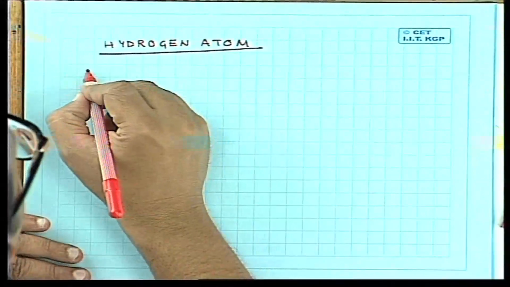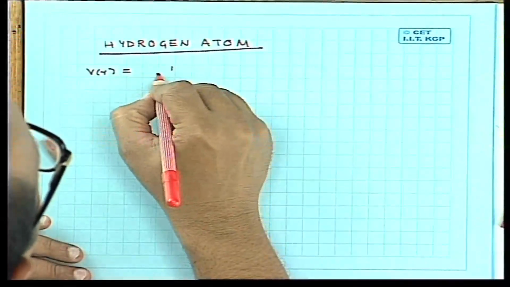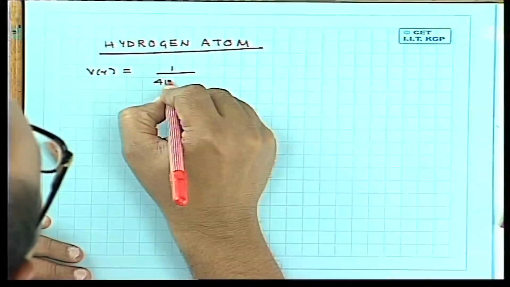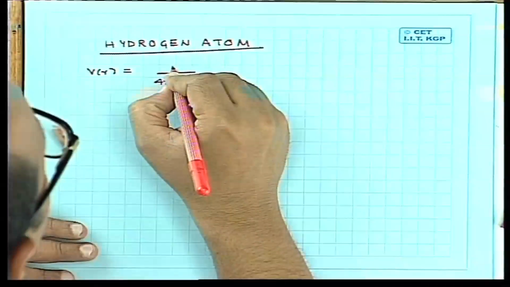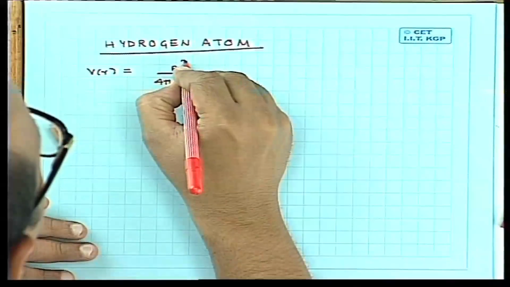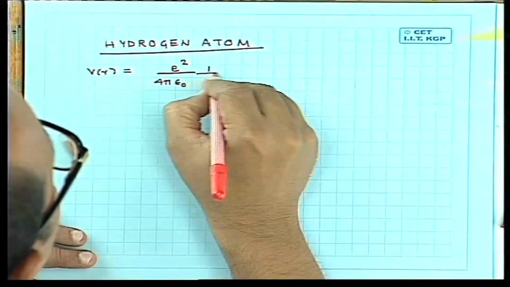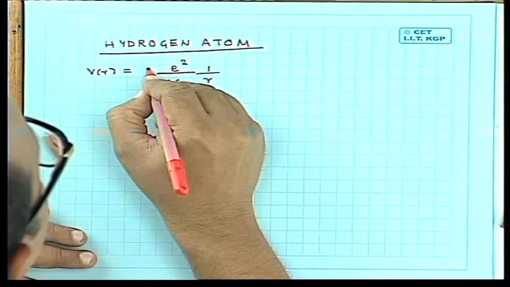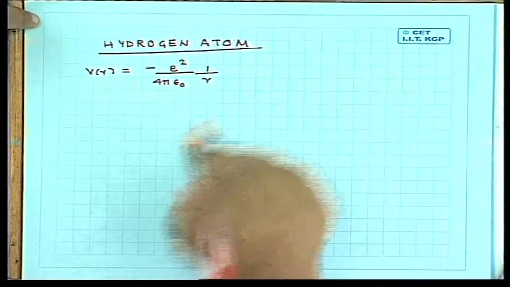For the hydrogen atom, V of r is equal to 1 by 4 pi epsilon naught into e square by r with a minus sign, because the potential is negative, it is attractive, the two charges are opposite.